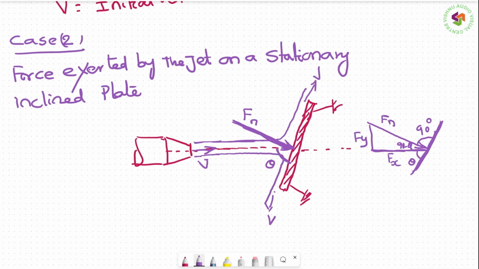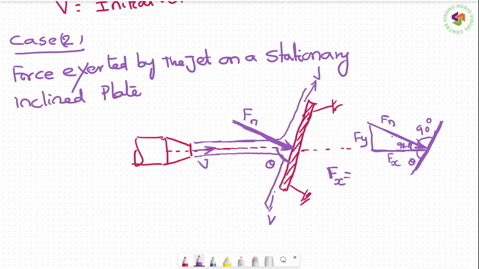If Fn is the normal force, how do we calculate it? I know it, because my previous case was only the jet striking normally. So assuming that the jet is striking normally, I calculate the normal force. Once I calculate the normal force, I calculate Fx.